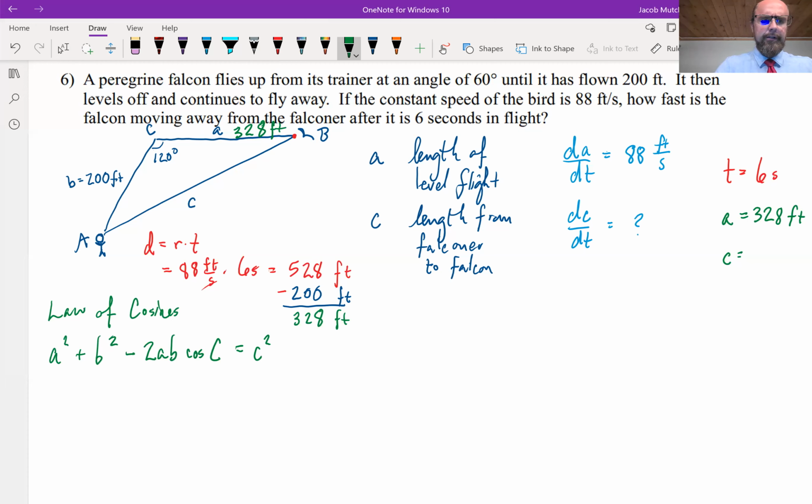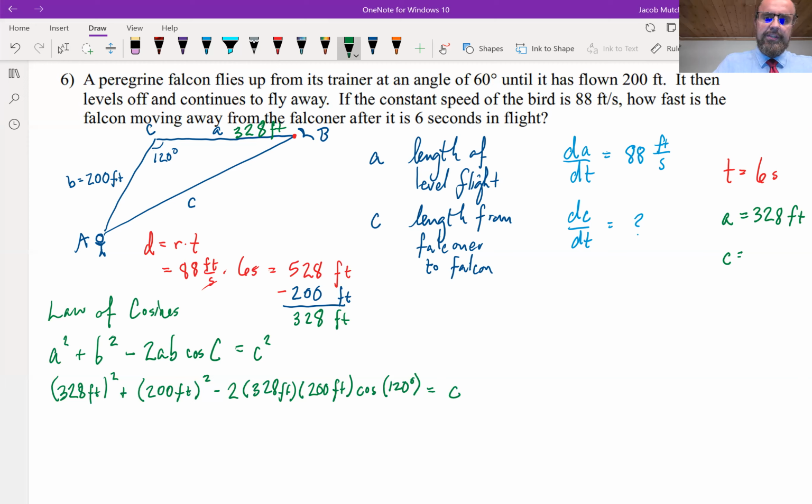So I'm going to plug in here what I know for A and B and the angle C. So that's going to be, substituting in A, which we just calculated is 328 feet squared, plus side B, which is constantly 200 feet squared, minus 2 times A, which is again 328 feet, times B, 200 feet, times cosine of C, which I know to be constantly 120 degrees, and that equals C squared.